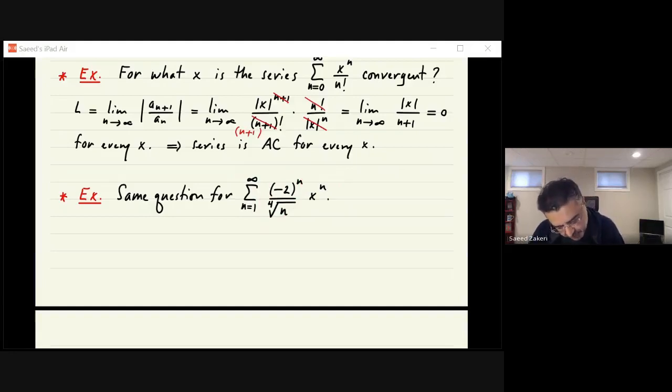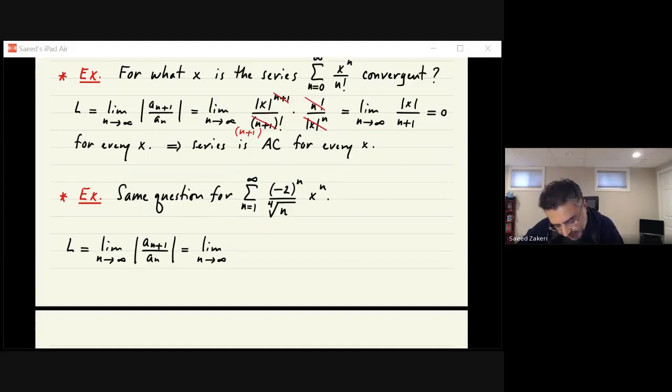If you apply the ratio test, similarly, you have to form a n plus 1 over a n in absolute value. And there are a bunch of simplifications that you can make along the way to make your life easier.